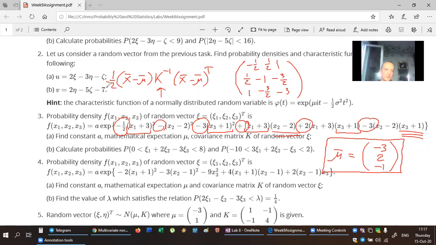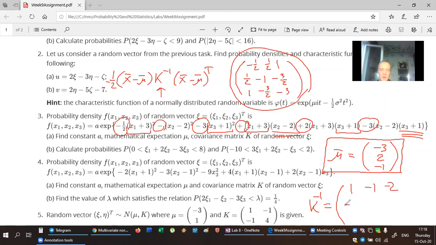Okay, cool. Then in the expression for the PDF, we have minus 1/2 in front of the expression in the exponent. So we have to factor out minus 1/2 of this matrix. And then we get the matrix K in the minus first power, and then it will be 1, minus 1, 2, minus 2, I mean.